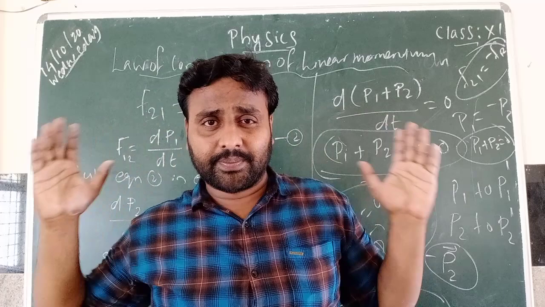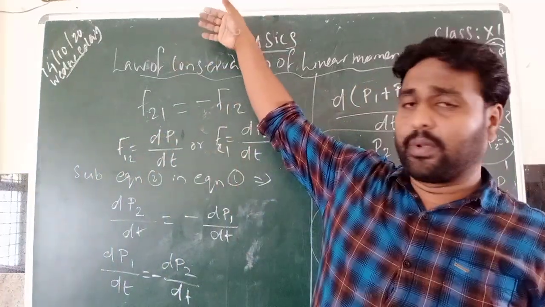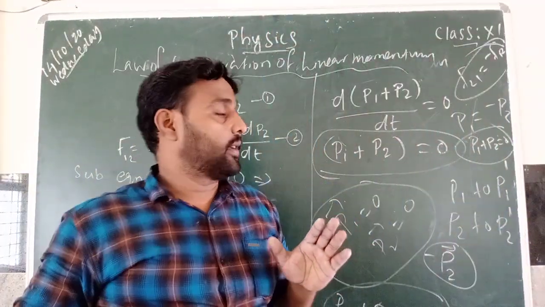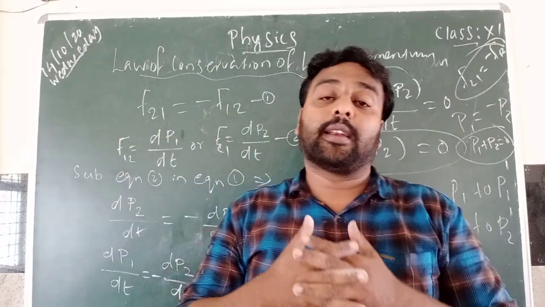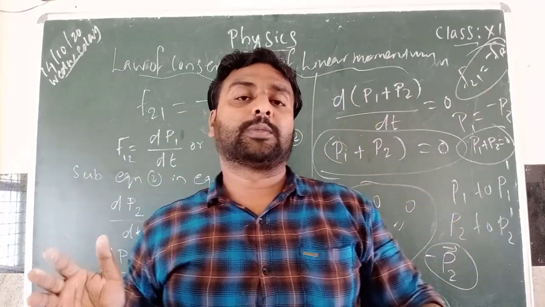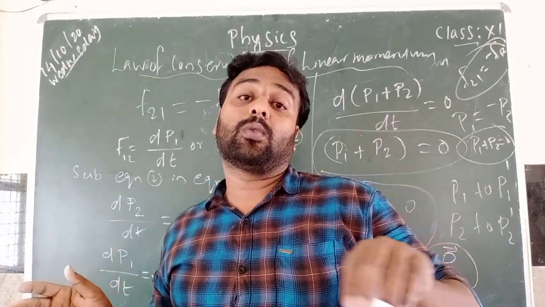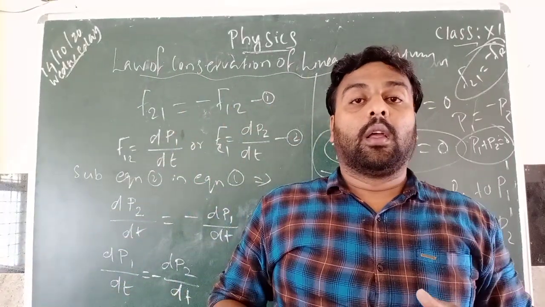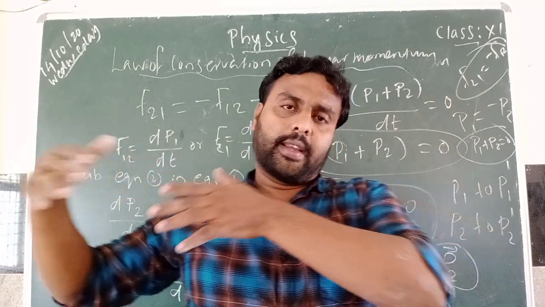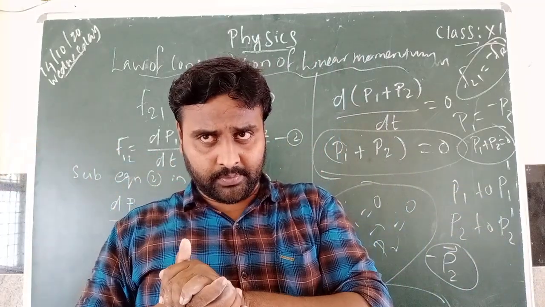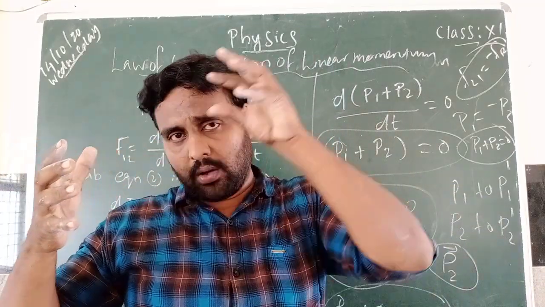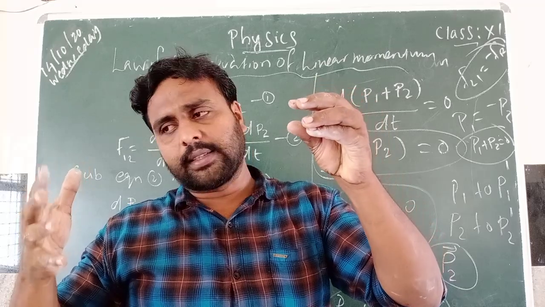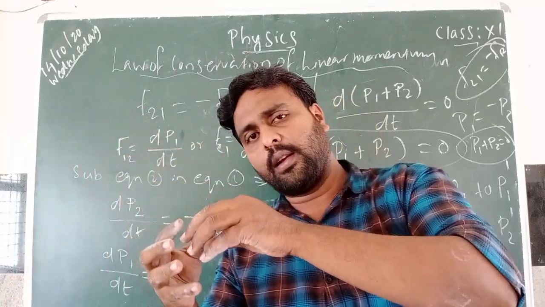So remember, from here, first assume that two particles interact with each other. When these particles interact, one particle exerts a force on the other particle. Due to that, that particle moves. So particle 1 is exerting a force on particle 2.